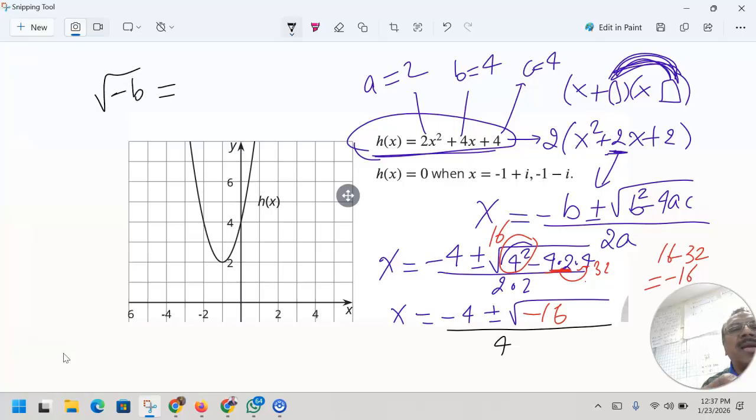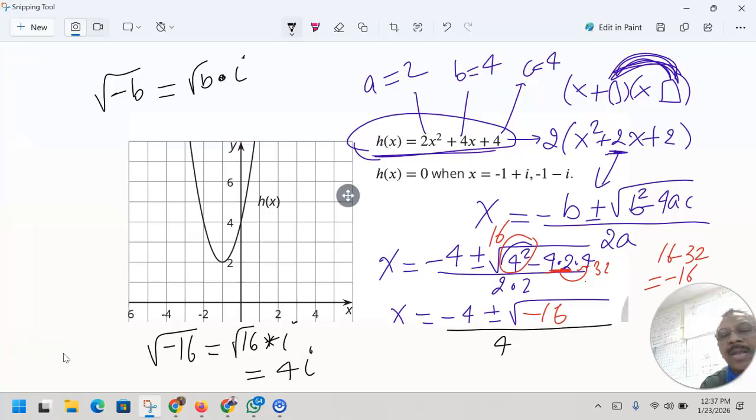But what is the square root of a negative number? We know this directly: the square root of b times i. In this case, the square root of negative 16 we can write as the square root of 16 times i, and the square root of 16 is 4, so 4 times i. So this whole thing reduces to negative 4 plus or minus 4i, divided by 4.